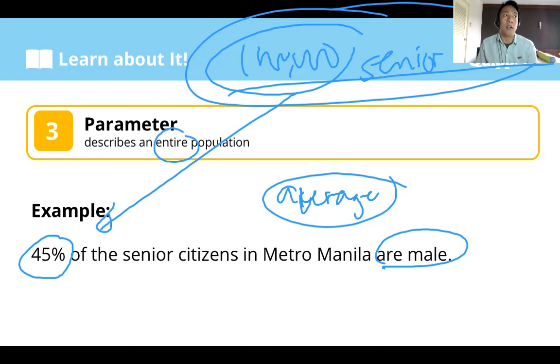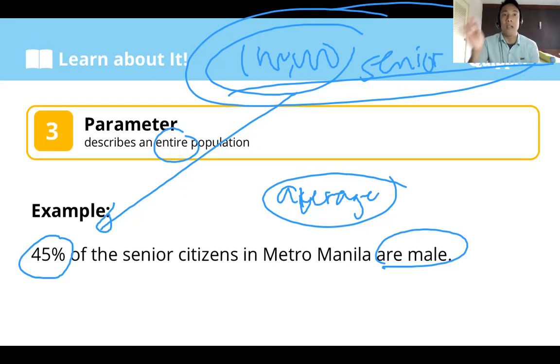Or colors. For example, what is the prescribed color of the uniform in senior high school sa school, for example. So mag-ask ka ng mga estudyante. So since your population is senior high school students, you will ask them and then the parameters will be the colors.